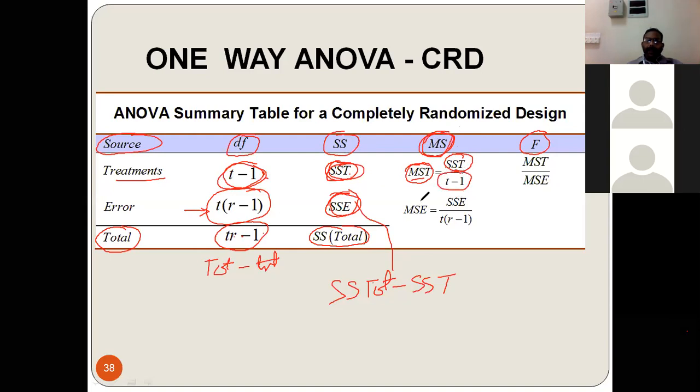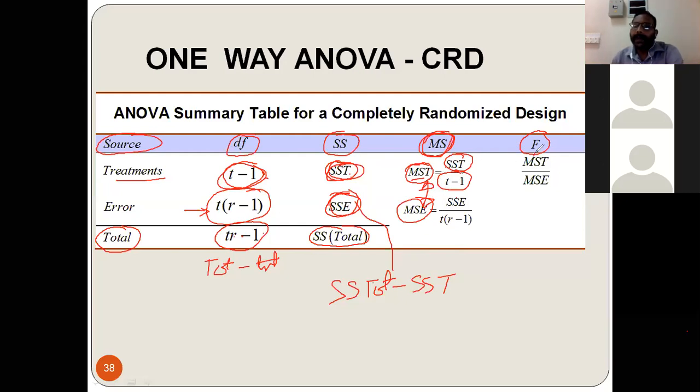We calculate the mean square for treatment as well as for error. We don't calculate the mean square for total. Why? Because we want to compare the mean square of treatment and error only, not the total mean square.